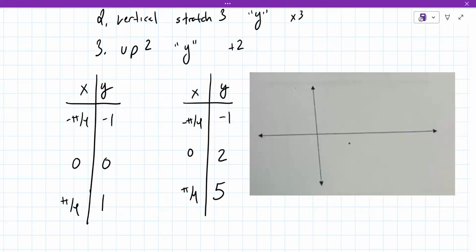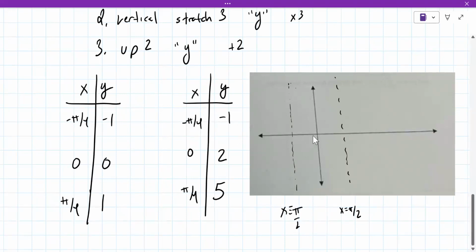All right, so a little bit more information is that the vertical asymptotes are at pi over 2 and negative pi over 2. You were asking me last night, where does this point go?